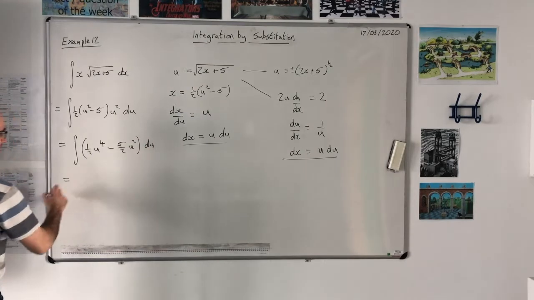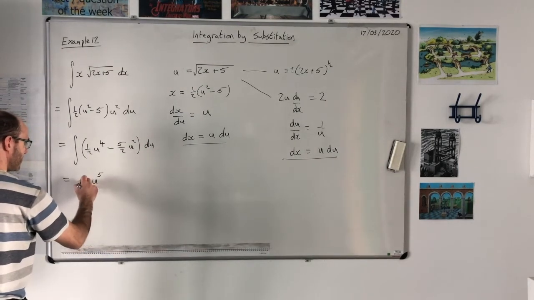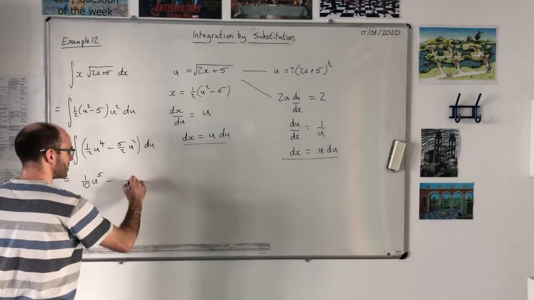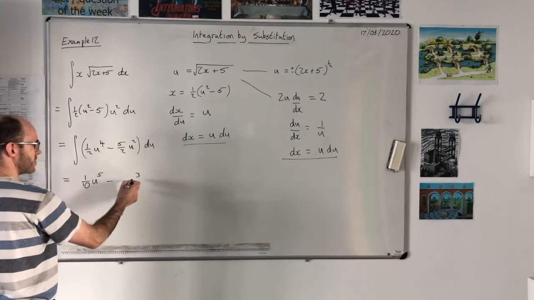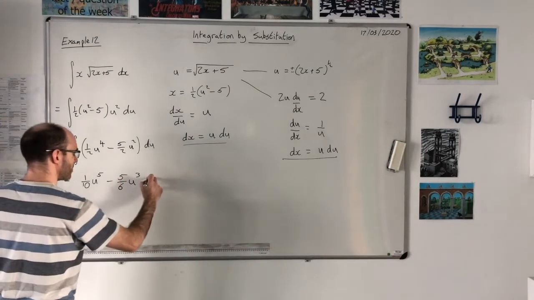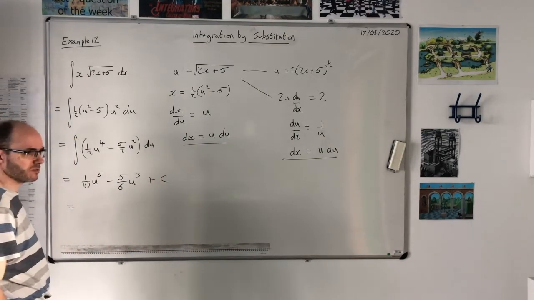Then we do the actual integration. So that's going to be u to the power of 5 divided by 5, and with the half there, that's 1/10 u to the 5. Subtract, and this is going to be u cubed times by a third, so that's going to be 5 over 6 u cubed, and then plus c. And then we put in the expression for what u is.